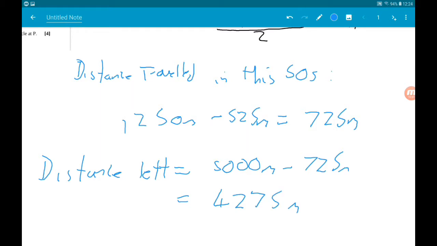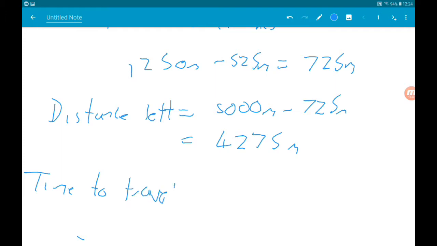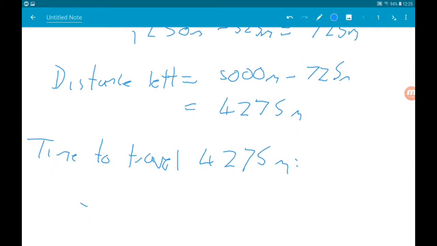So we then need to work out the time it takes to travel that distance. Well, that's 4275 divided by 25, and that gives us 171.